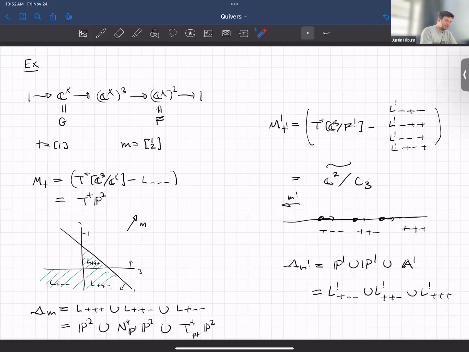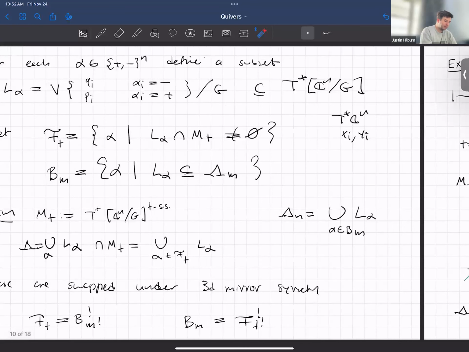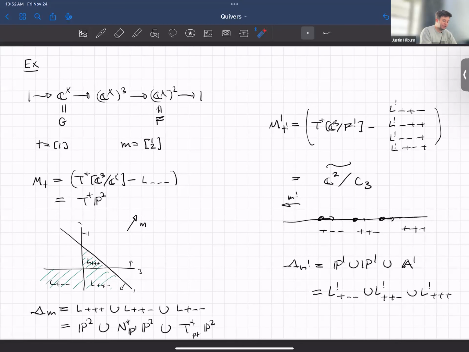So plus plus plus is on this front of this hyperplane, and this hyperplane. And so this one, for example, is the 0 section, right? Because I'm setting all of the p's equal to 0. And that is exactly a P2 as you would expect.